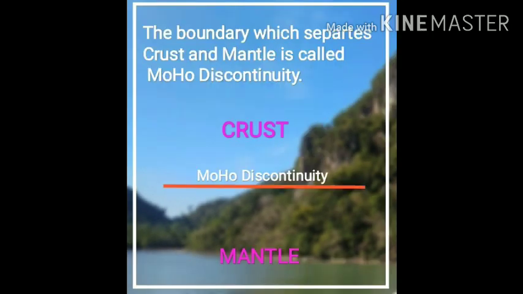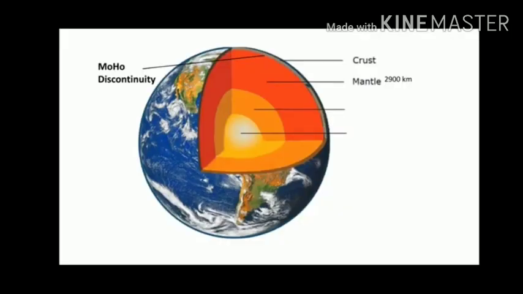The boundary which separates the crust and the mantle is called Moho discontinuity. You can see in this picture that the crust and mantle are divided by the layer called Moho discontinuity.